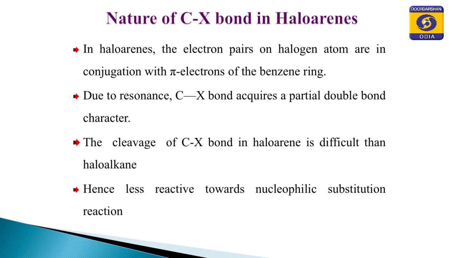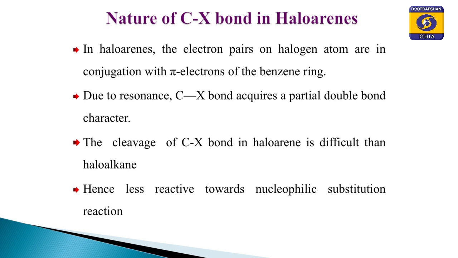Because of this, the cleavage of the carbon-halogen bond in haloarenes is difficult, whereas this partial double bond character is absent in haloalkanes. Why? Because in haloalkanes there is no resonance, but in haloarenes the lone pair of electrons of halogen is in conjugation with the pi electrons of the benzene ring. So, that is why the partial double bond character is possible.